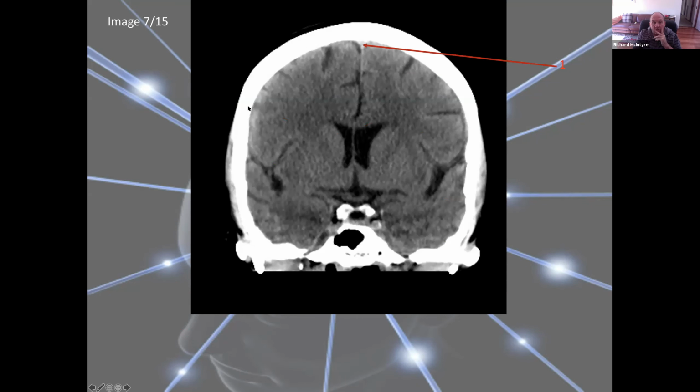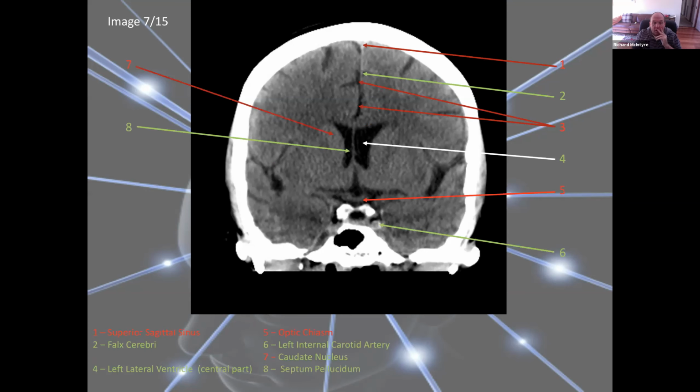There's our Sylvian fissure, okay, separating the lobes of the brain. Okay, so left and right Sylvian fissure. Our optic chiasm.